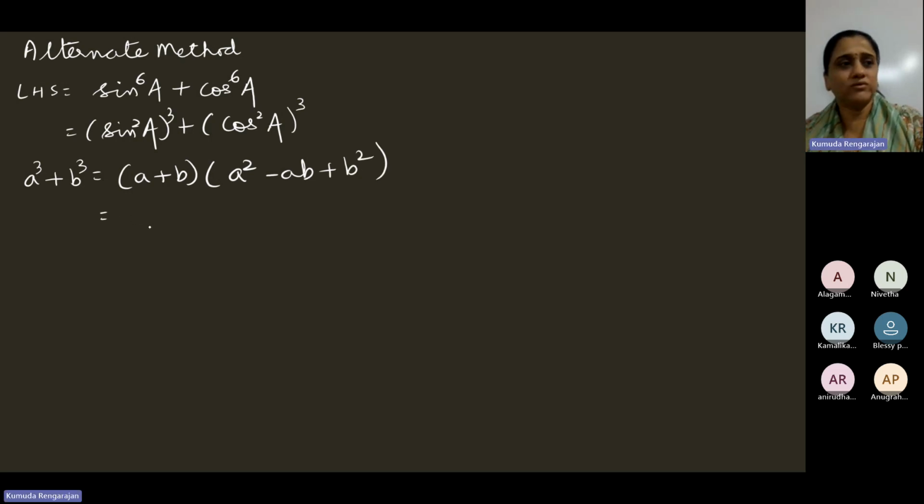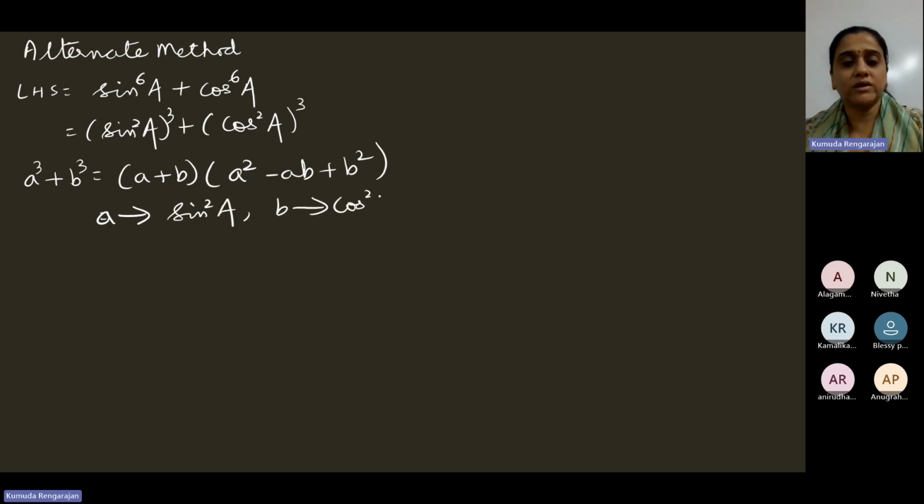I think two steps extra. We'll see. So okay, what is a here? Sine square a and b is cos square a.